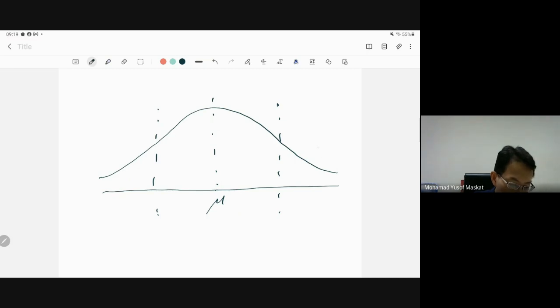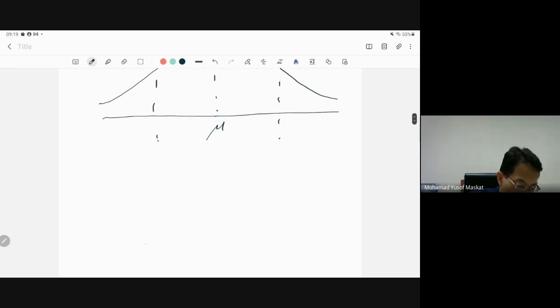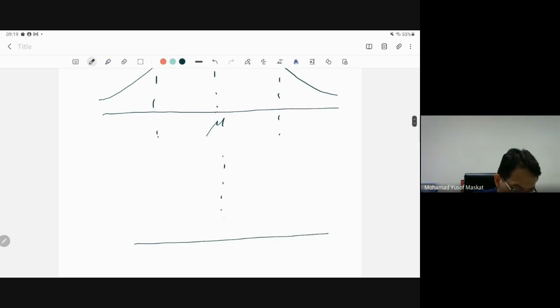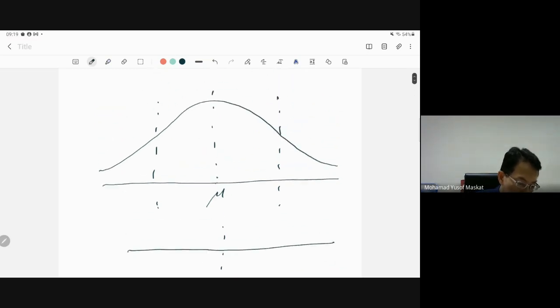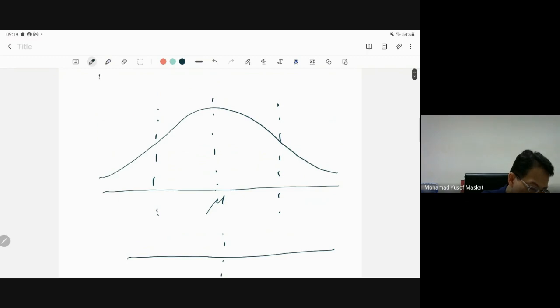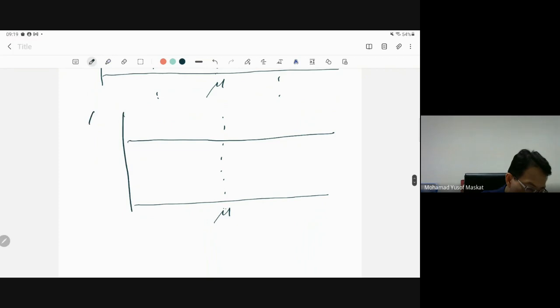That is why, if you look at this normal distribution, it is bell shaped. Compared to, for example, if you have one like this. This axis is the frequency, or the number of individuals.